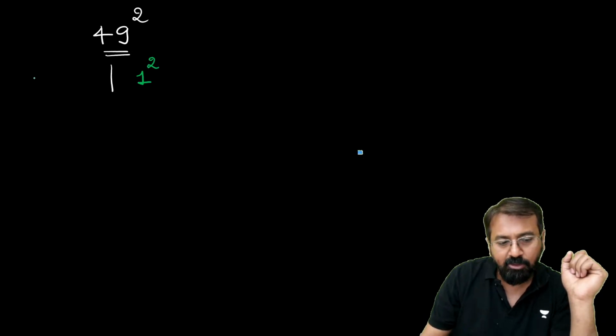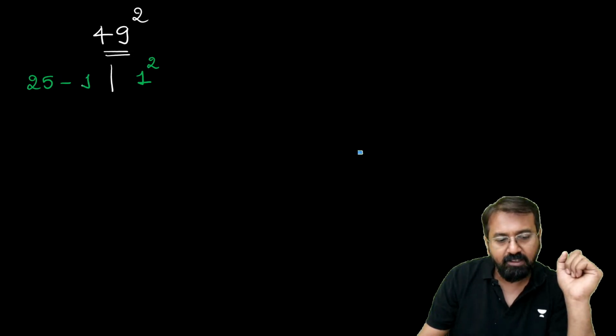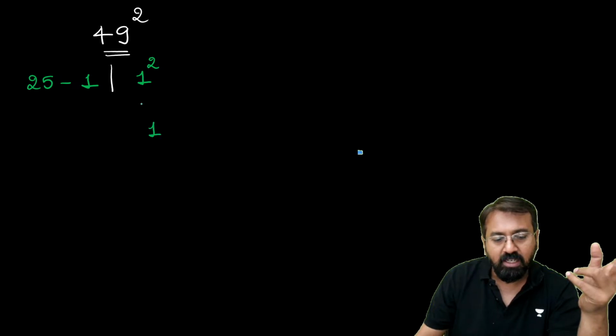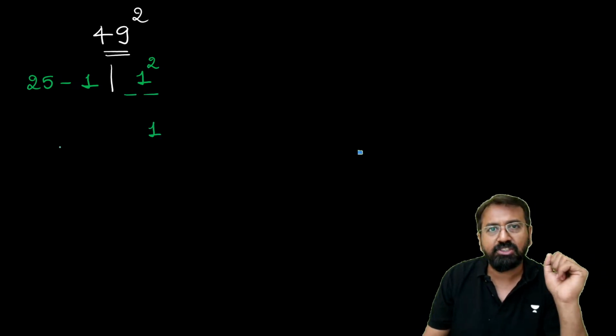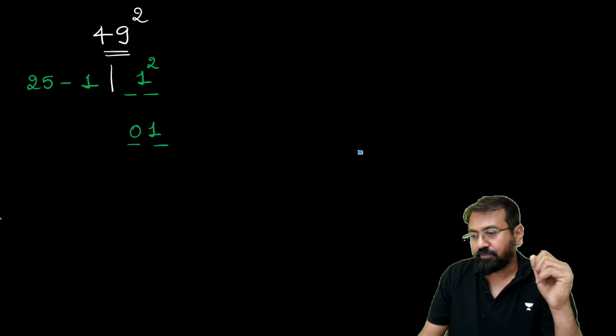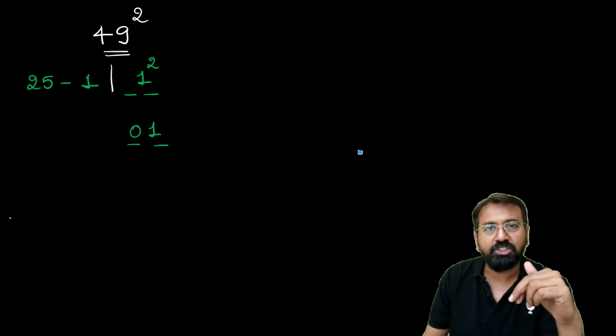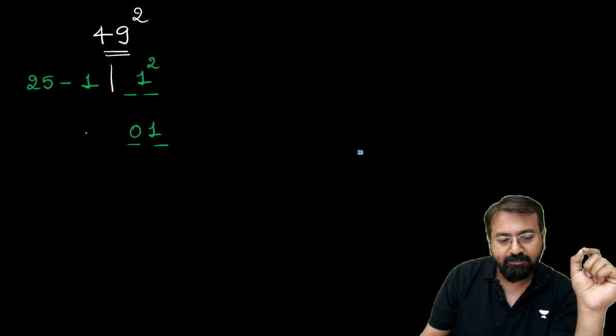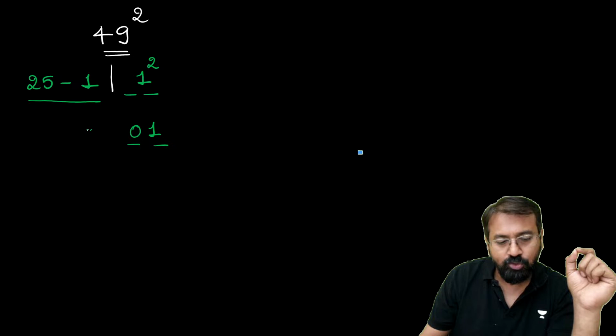And the left part will be what? 25 minus 1. Correct? Now what is 1 square? So guys, 1 square is 1, but we need to have exactly a 2-digit result in the right part. So instead of 1, we'll write 01. So whenever you get a result of less than 2 digits, you will have to insert 0. Correct? And your left part will be 25 minus 1, which is 24. So the answer will be 2401.